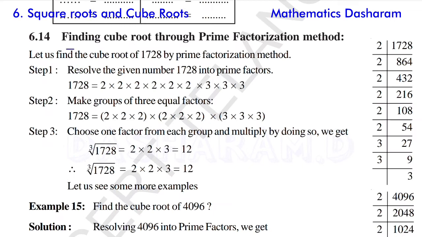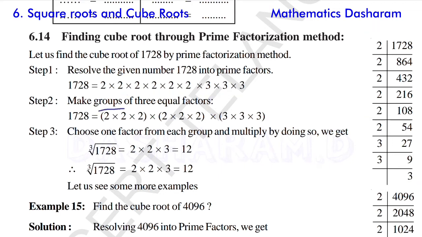So next topic, finding the cube root through the prime factorization method. This method we already used to find the square root of given numbers. Now we are using the same method to find the cube root of a given number. So let us find the cube root of 1728 by prime factorization method. Here is the rough work for 1728. So 1728 equals how many 2's? Total 6 2's and 3 3's.